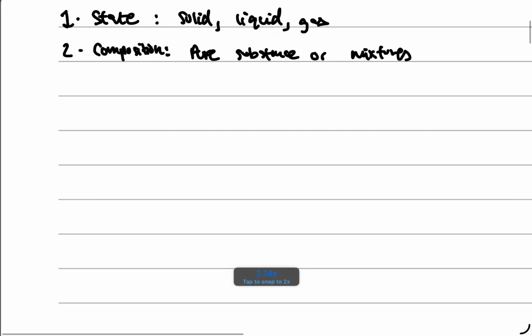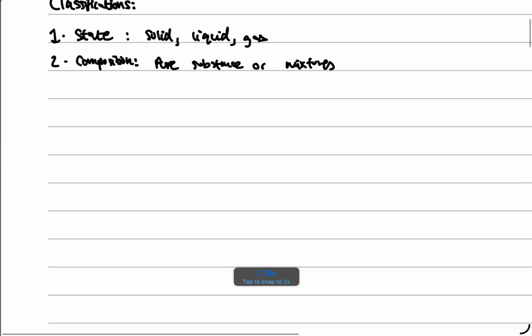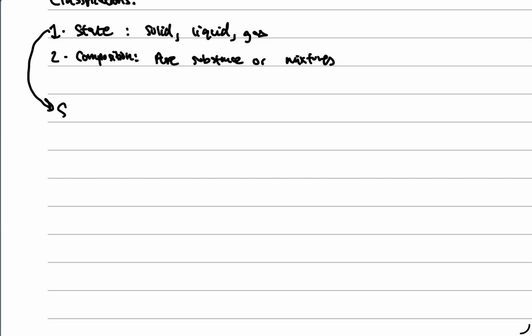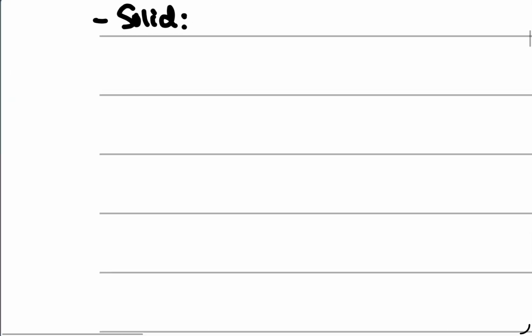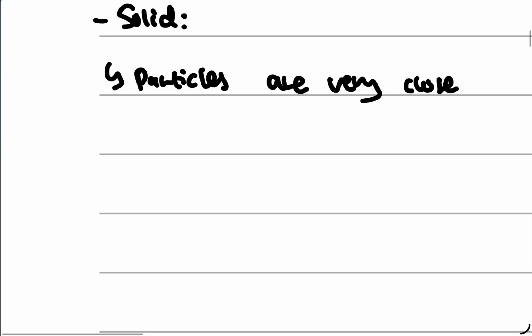Alright, let's quickly go over each of these classifications. First let's talk about state. So when it comes to states, we have our solid, and if we were to describe a solid, we would say that the particles are very close together.